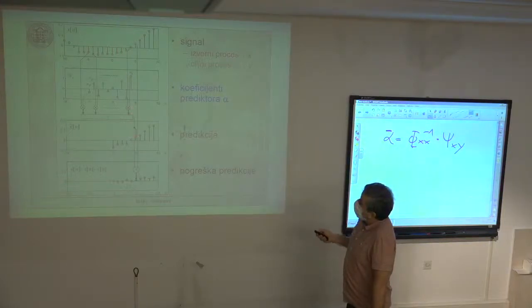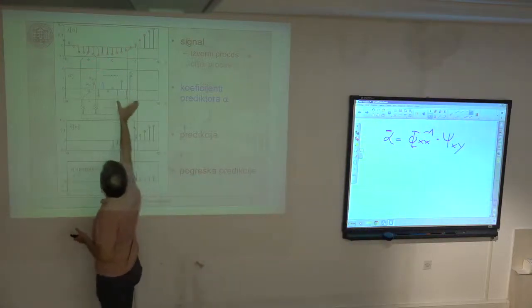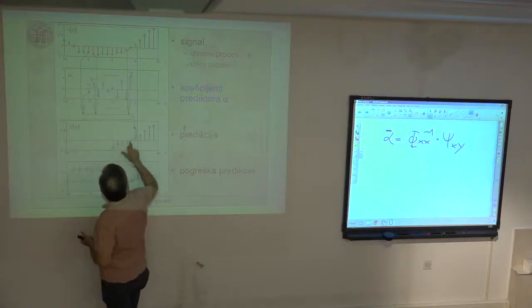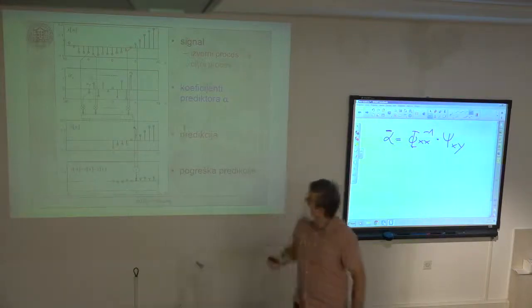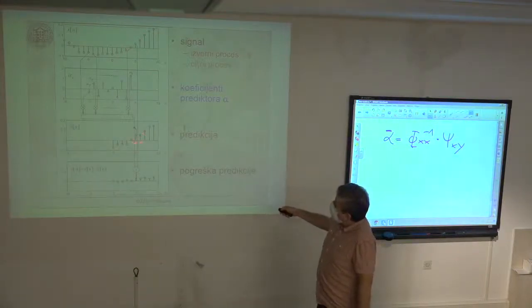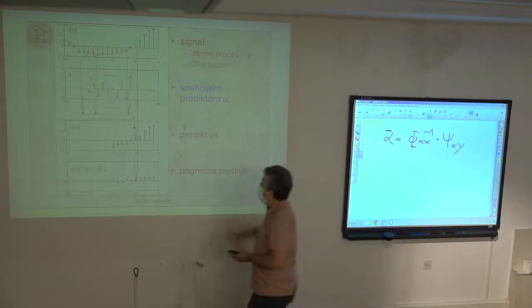So we see that if I apply the same predictor, but I simply shift it along this signal, I get the prediction for each position of the predictor relative to the signal. So the predicted value, x tilde of 5, is shown here. It is close to the actual value, but not exactly equal. So now I can compute the error. What is the prediction error?